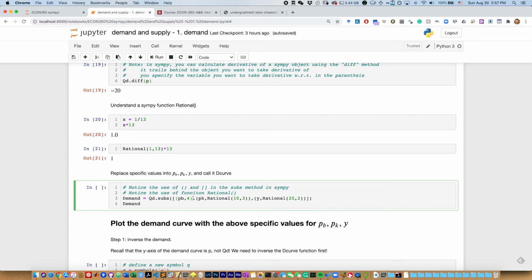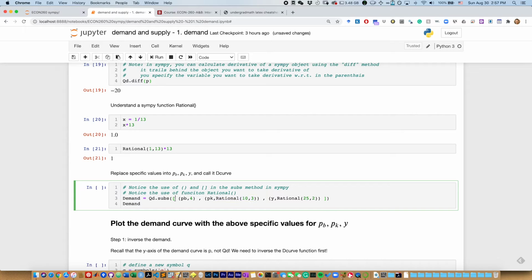Right? Maybe to make this seem a little bit cleaner so you can identify the differences, this is what we're trying to do. I'm just listing these 3 objects that we want to plug in. The parentheses here are a little bit dizzying. The reason is because this is a function on its own, where this is rational number 10 divided by 3, and we're replacing this value into the position of PK.